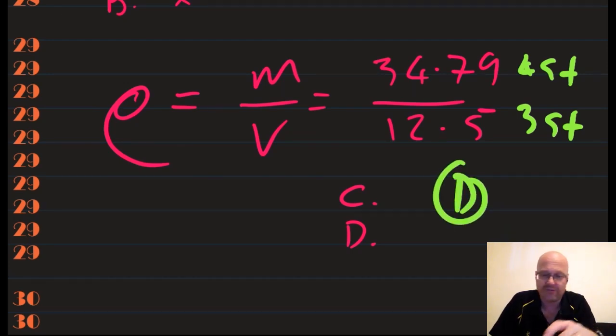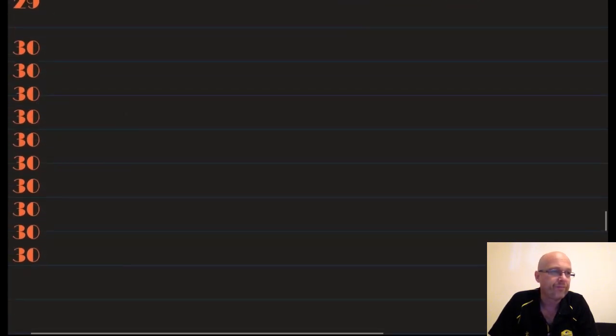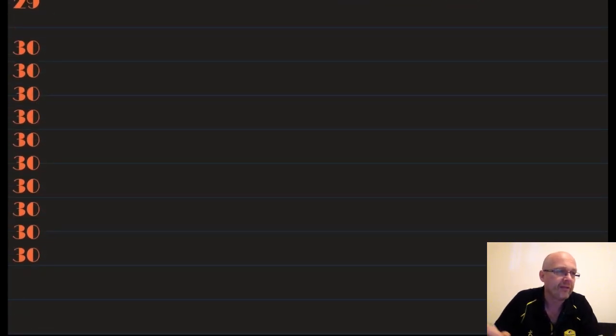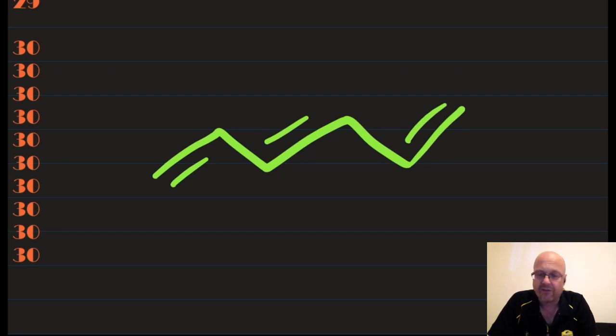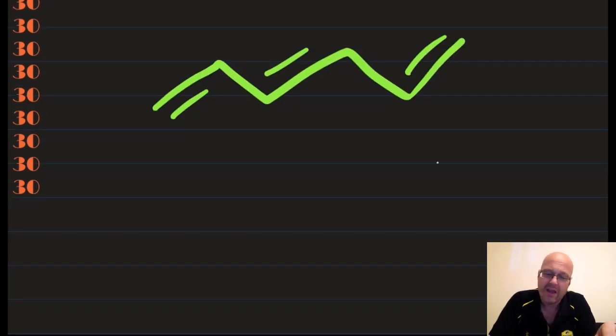And 30. Index of hydrogen deficiency for hexatriene. 1, 2, 3, 4, 5, 6. And it's 1, 3, 5. So for the index of hydrogen deficiency, every carbon-carbon double bond counts as 1.